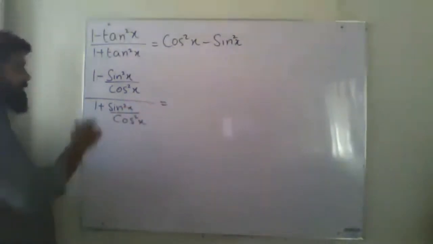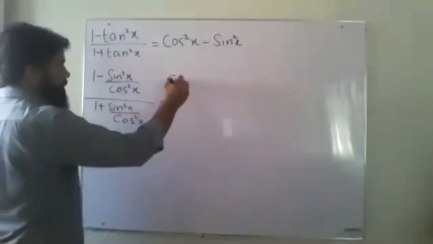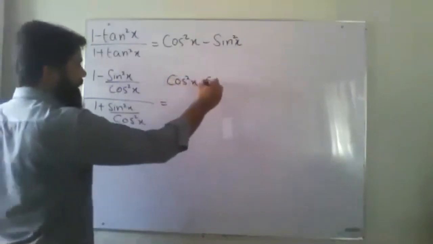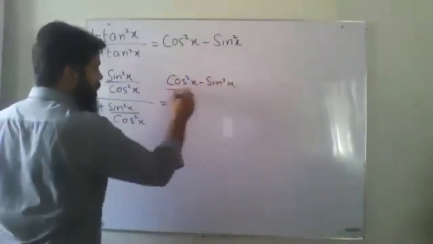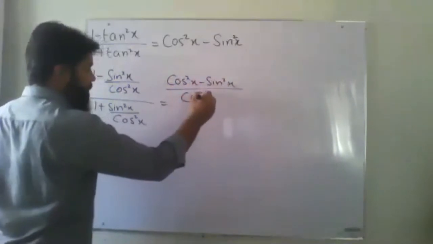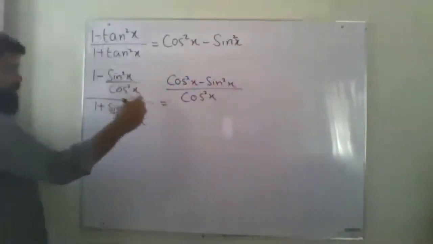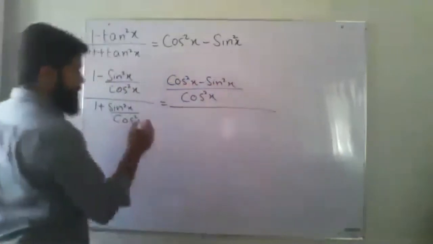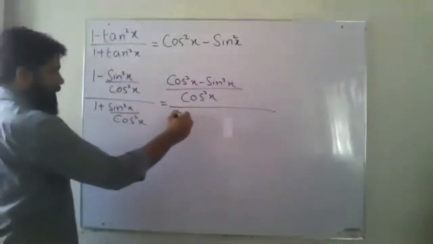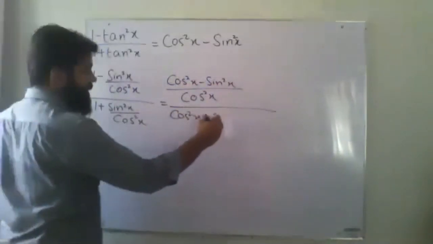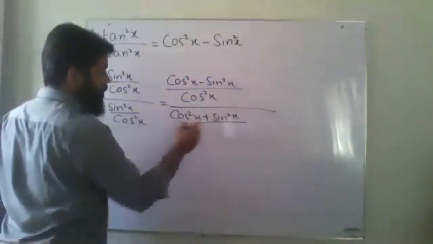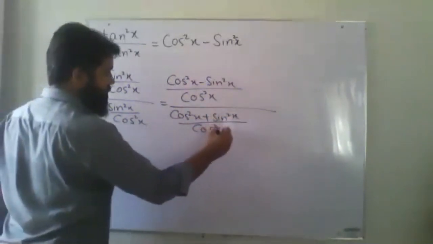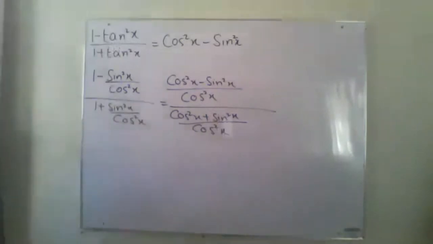So this will become cos square x minus sine square x over cos square x, LCM of this one, and then cos square x plus sine square x over cos square x, LCM of this one.